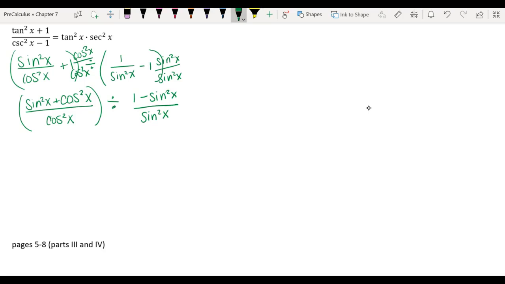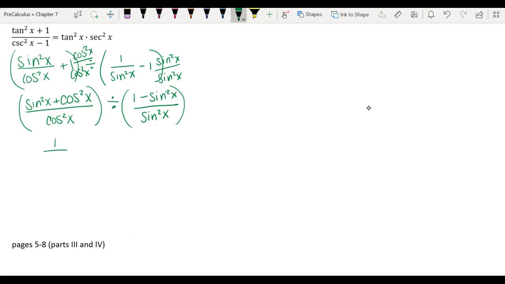So here's what we have so far. Actually, before we do that, let's simplify this. What is sine squared plus cosine squared equal to? 1. Good. And what's 1 minus sine squared equal to? Cosine squared. So let's change that first, just because then we're not copying all this stuff down as we're going through.